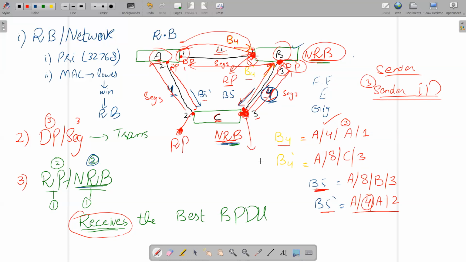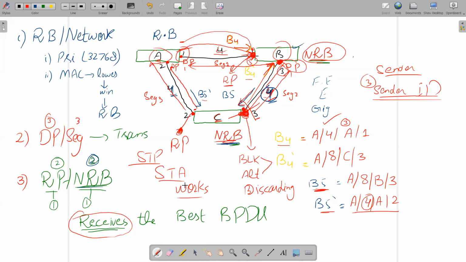STP will put this port into the block state, into the alternate state, into the discarding state. These are the roles, and this is the state, discarding. To prevent loops, STP will put this into the block state, and that's how STA, the algorithm of STP, works.